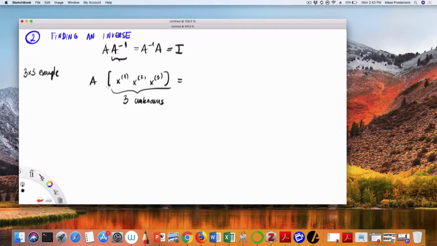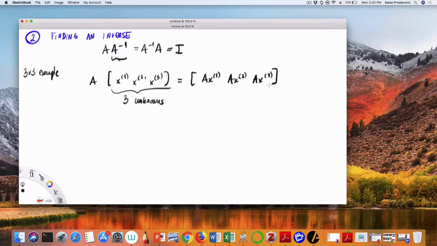Then if I actually do matrix multiplication, this is the same as AX1, AX2, AX3. And if you don't believe me, we'll do this multiplication and convince yourself, yes? When you have x1, does that mean a column? It's the entire column. It has 3 values.